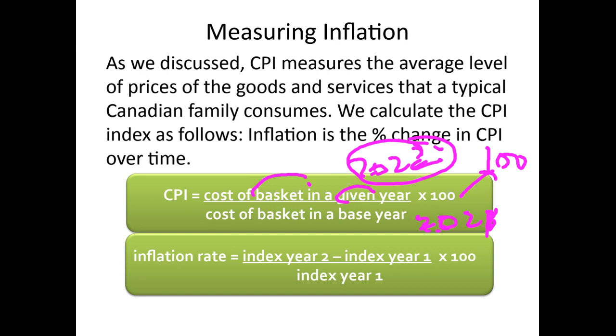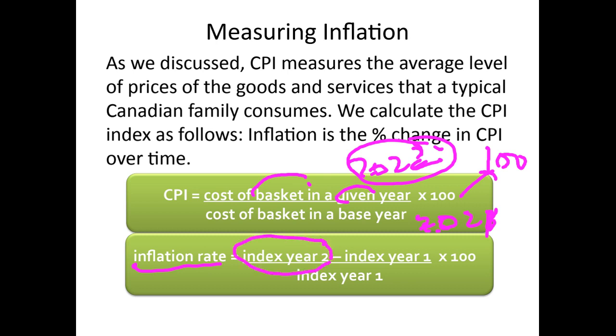Once you calculate consumer price index for all different years, then you can calculate the inflation rate. Inflation rate is nothing but the growth in consumer price index, and you know how to calculate growth rates. Inflation rate is growth in consumer price index.